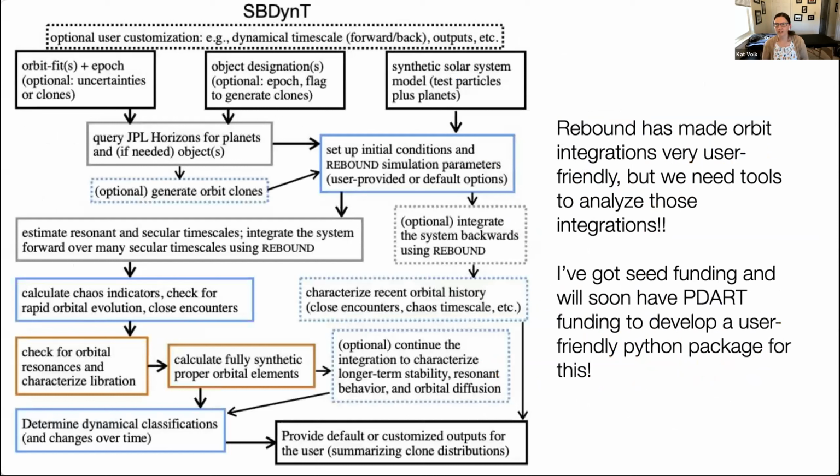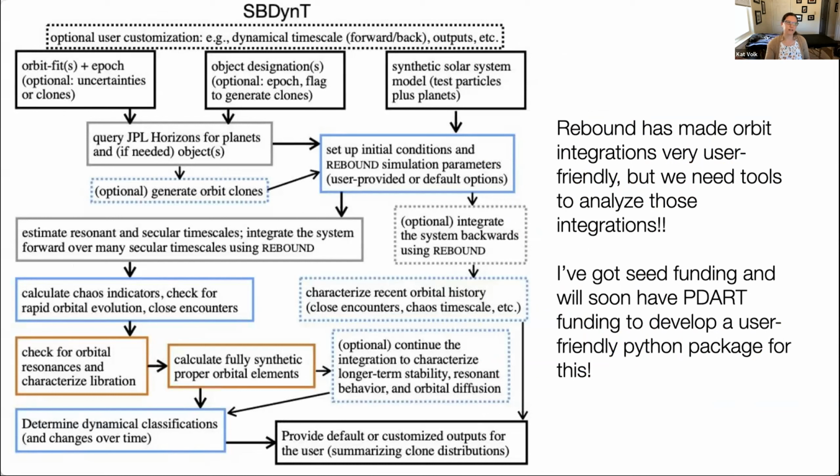And while doing numerical integrations has gotten much easier over the years, thanks to REBOUND, we still need analysis tools. So this is a project I'm really excited about. I have seed funding for it now, and I'm going to have PDART funding in a couple of weeks, to build a user-friendly Python package to do dynamical characterization: to take orbital integrations and actually analyze them to tell you the most dynamically relevant properties of an observed object, and do things like cloning within the uncertainty elements.